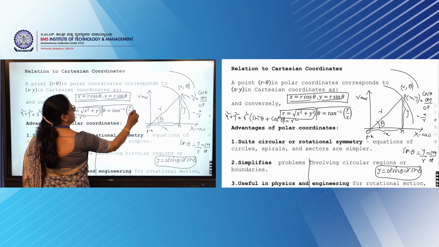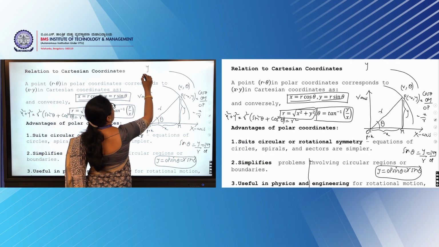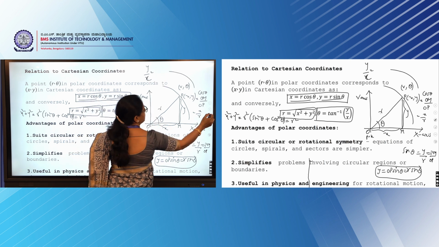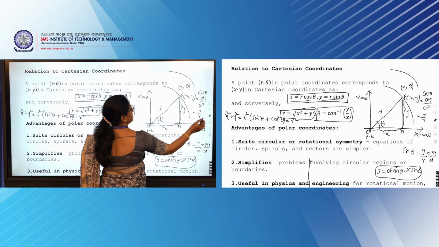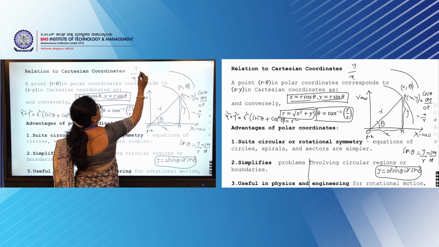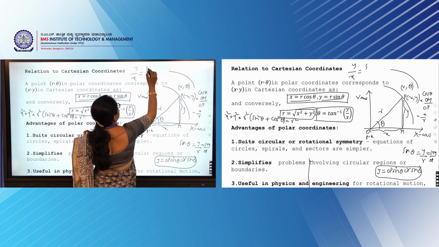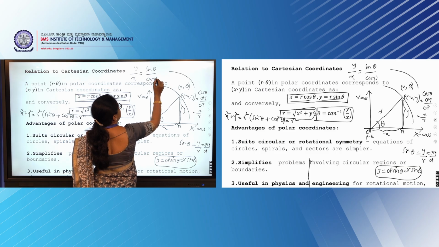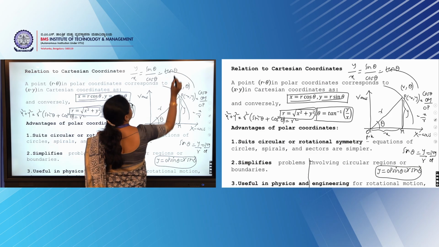And if we divide them, then we get theta. If y by x, it is y upon x is equal to sin theta by cos theta, which is equal to tan theta.